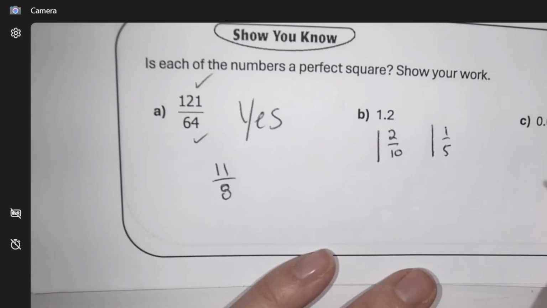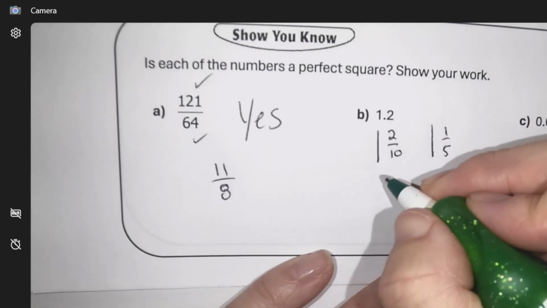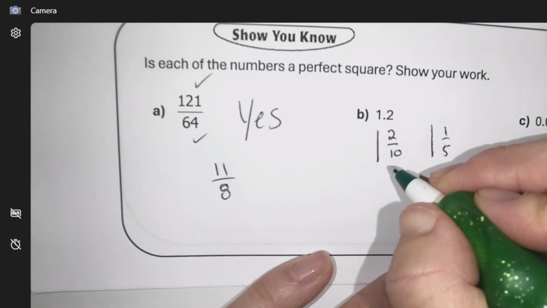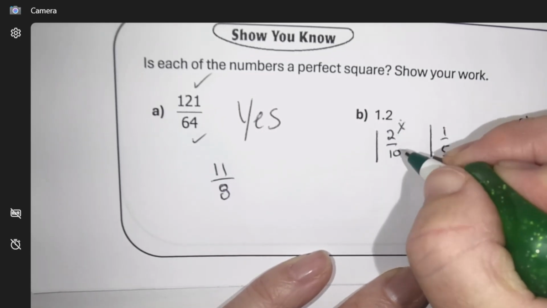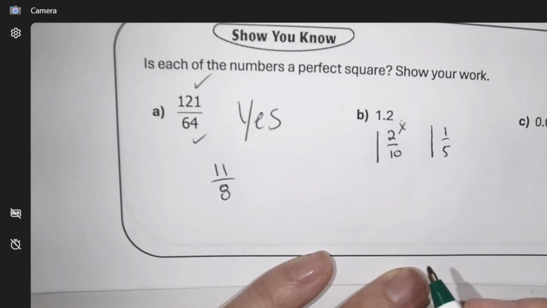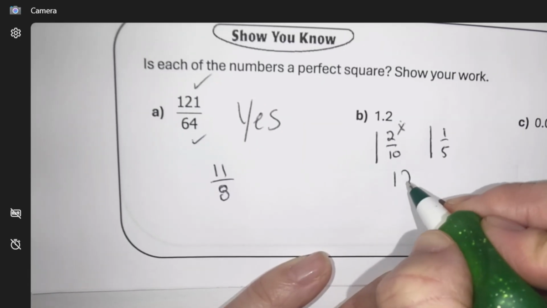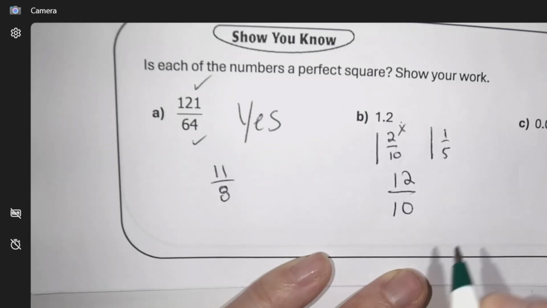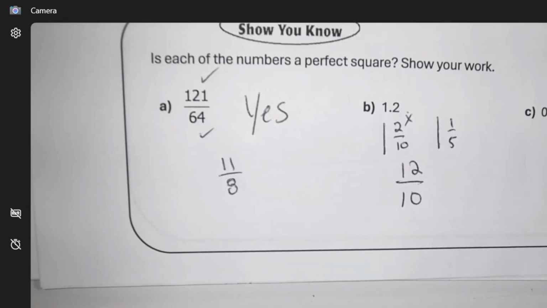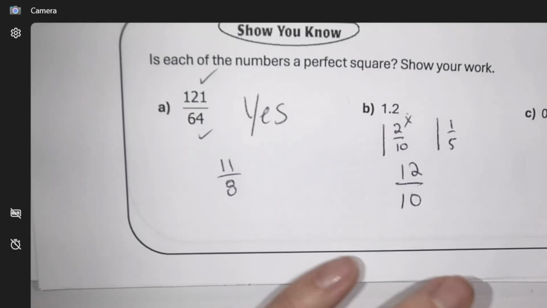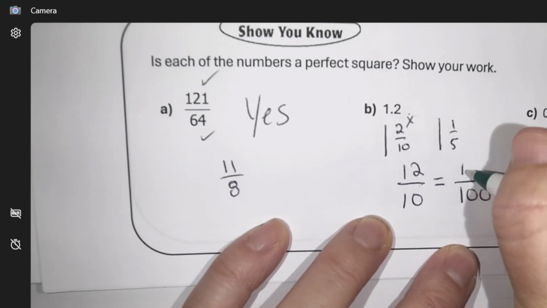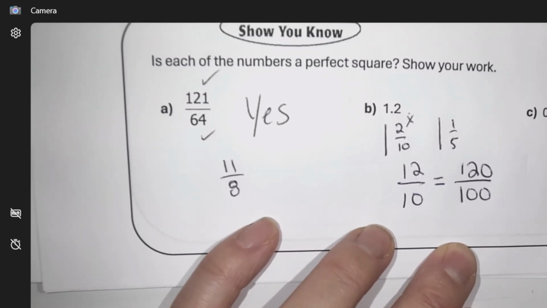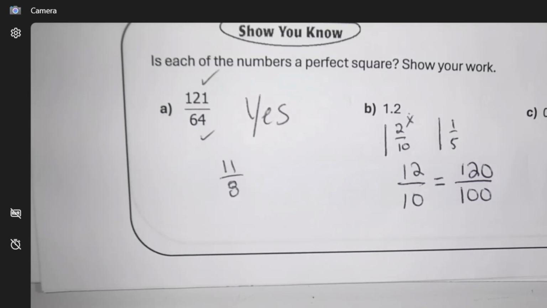Okay, so what do you think about it? No. I am not going to be able to square root that part. There's another way to look at it. 12/10. I could change it to 100. 120/100.